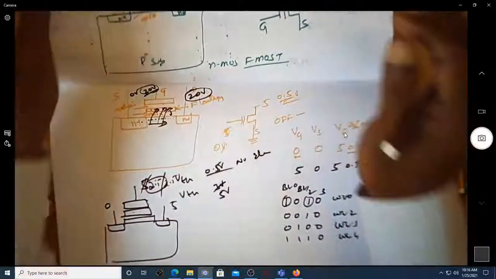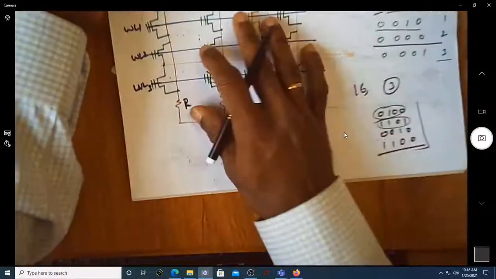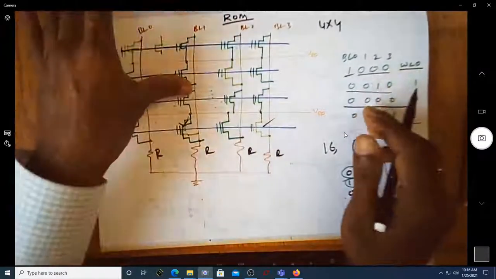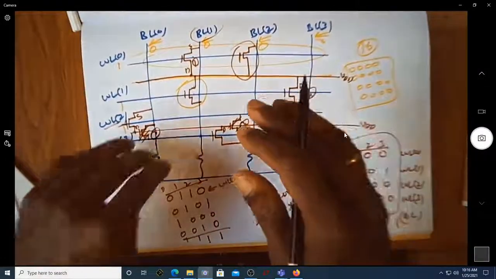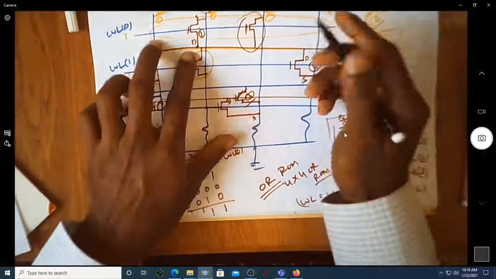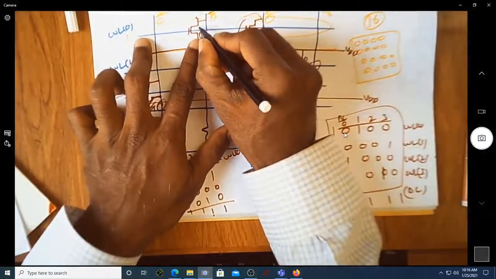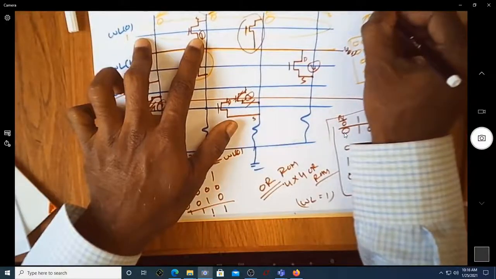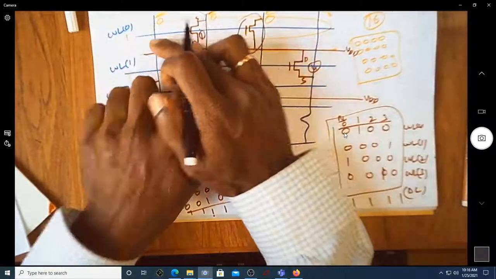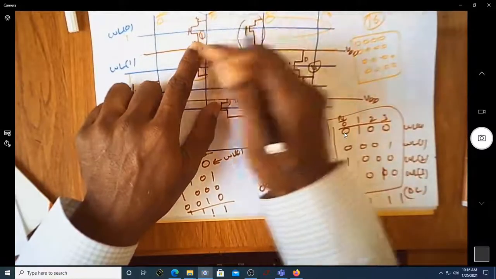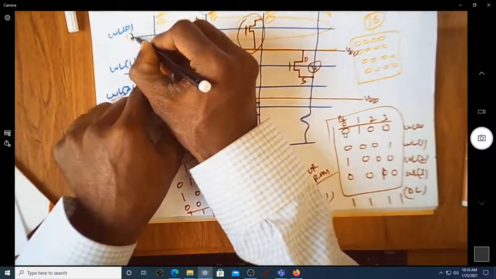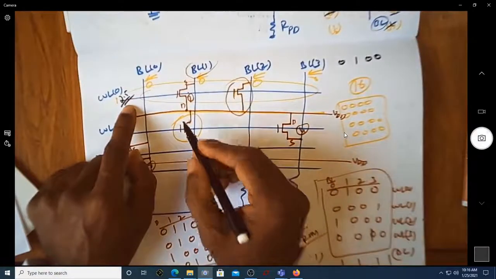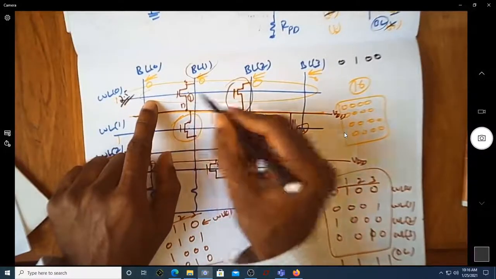Suppose you want to turn on a transistor, so let us go back one more page earlier, as we discussed in the last class. If you want to see what value is stored here, since we know that it is 0 1 0 0, if I apply 2.5 volt here, does this transistor turn on?